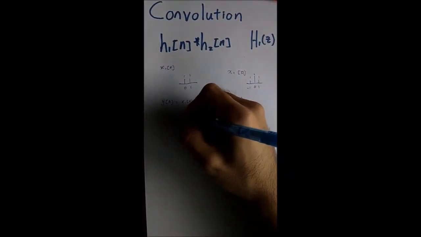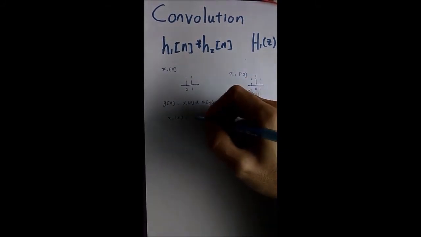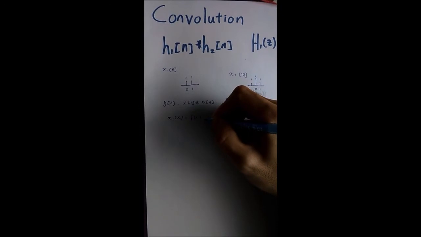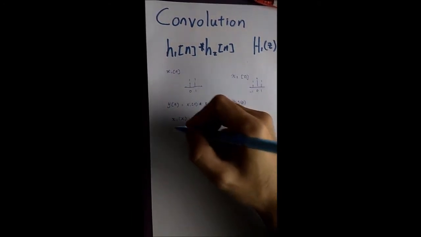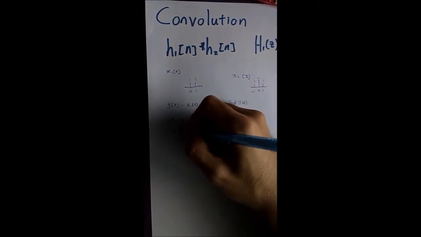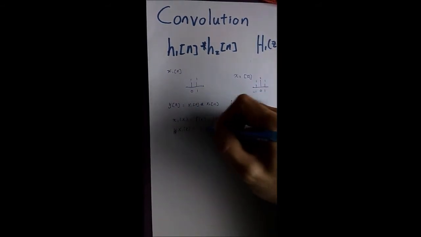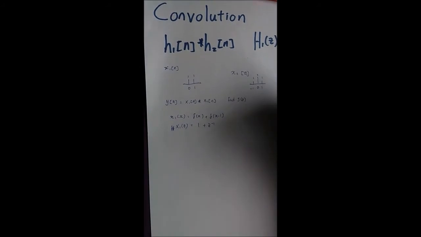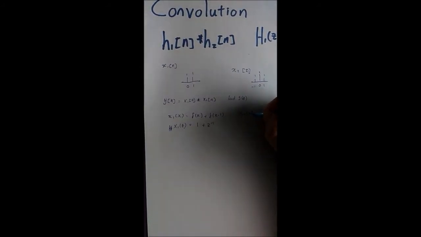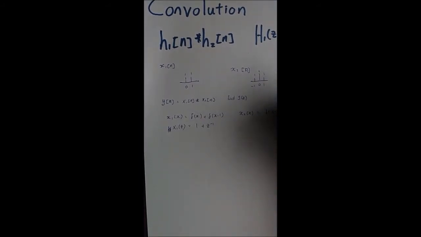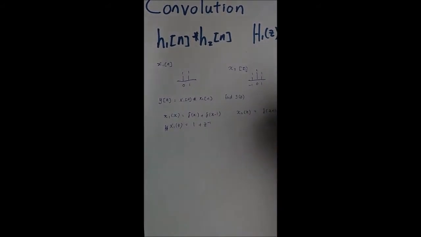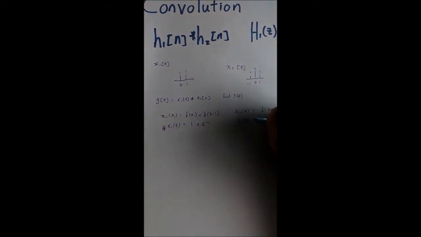So we will know that x1[n] is equal to this, which we transform into z, X1(z) equal to 1 plus z to the power negative 1, and for x2, similar to x1, we will transform x2 into the Z-transform, and we will get this.